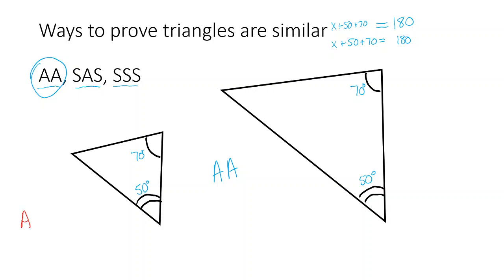We learned that earlier in the year when we said angle implies that all three angles are congruent. So in order to prove that triangles are similar, all you really need is knowing that two angles are congruent. Then you know that the whole triangles will be similar. In this case, your third angle would be 60 degrees. I hope that makes sense.